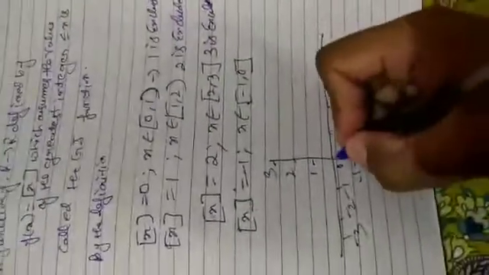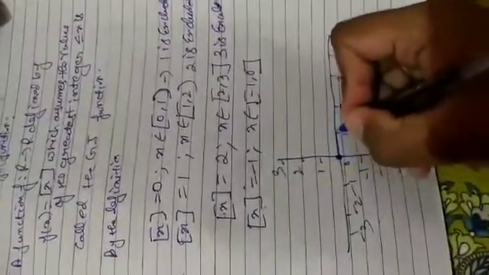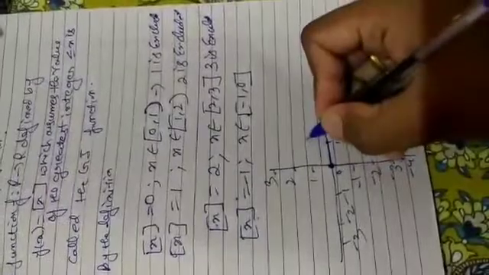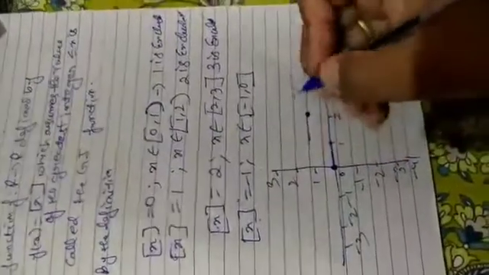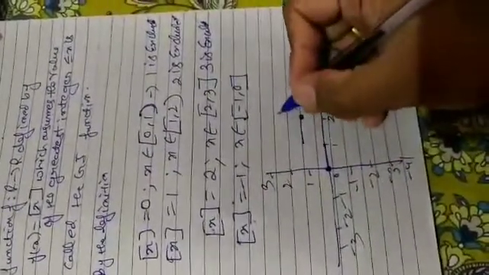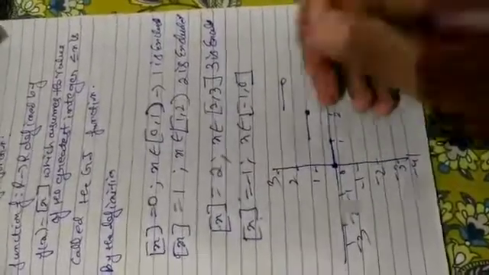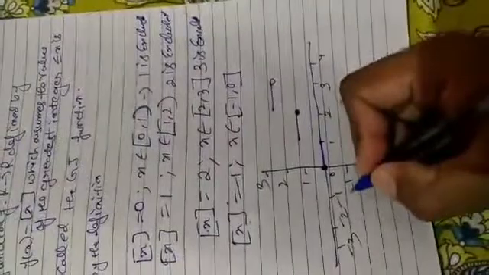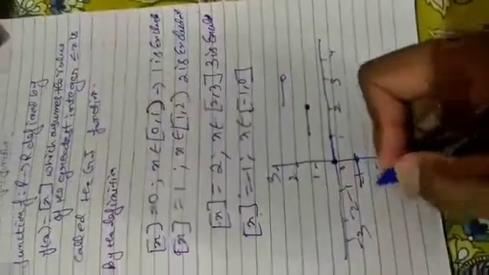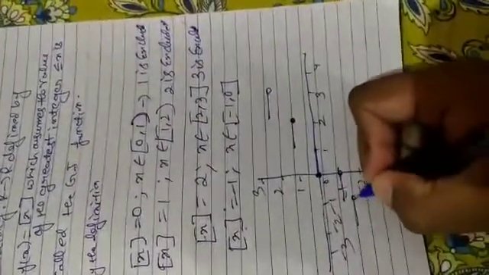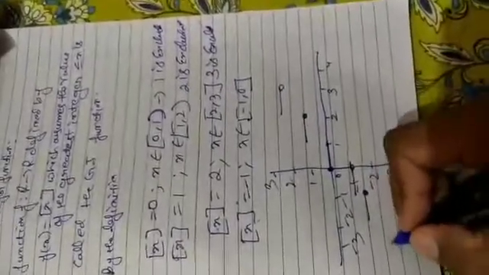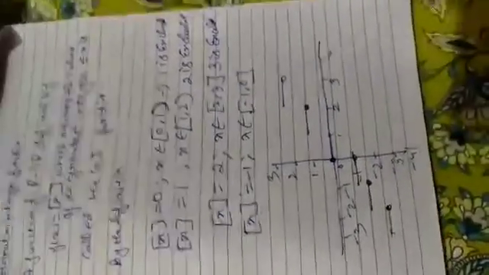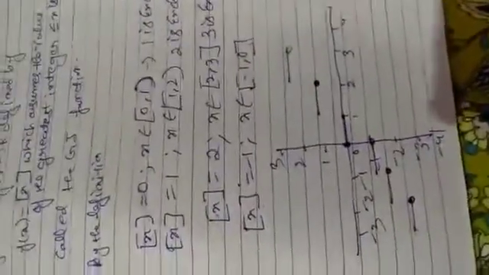Now if we make the graph, for the 0 to 1 limit, then 1 to 2 limit, and if we take 2, then 2 to 3 limit, so it will give excluded values. In this case, this side will be taken, and this side will also be taken. This is the difference between positive and negative values.